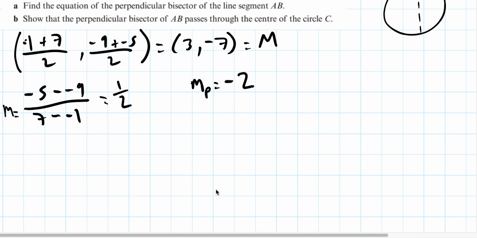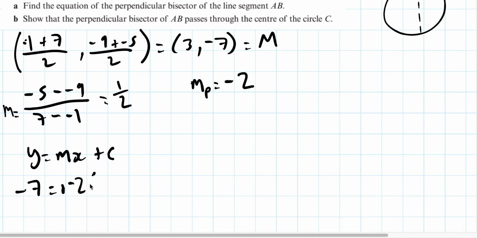So this is the info we have now. We plug it into y equals mx plus c. So y equals minus 2 times x, and we use the coordinates of M, as it passes through M. So x is 3 and y is minus 7: minus 7 equals minus 2 times 3 plus c.